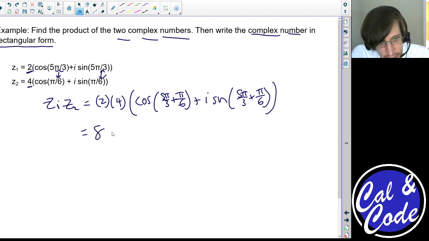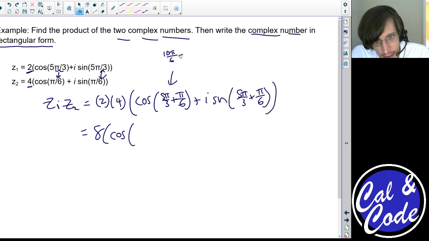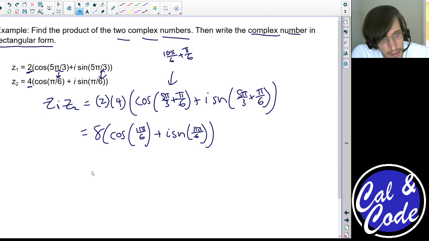This is equal to 8 times the cosine of, well, let's see, that is 10 pi sixths plus pi sixths, which is 11 pi sixths, plus I times the sine of 11 pi sixths, same addition. There it is, I have found the product.